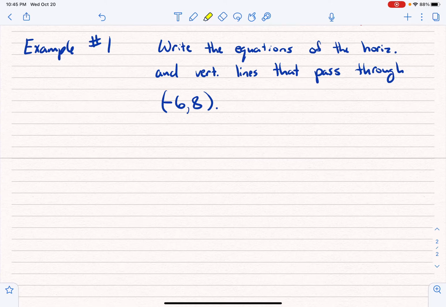Okay, so your job is to write the equations of the horizontal and vertical lines that pass through this point, -6, 8. We're going to pause the video right here for about 30 seconds because this doesn't take long. And I want you to come up with the equations of the horizontal and vertical lines that pass through that point.